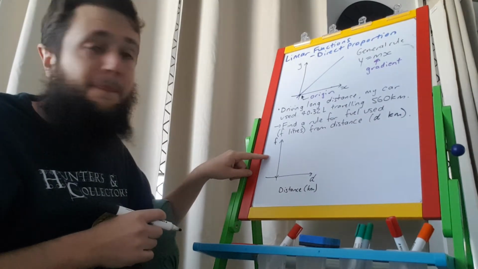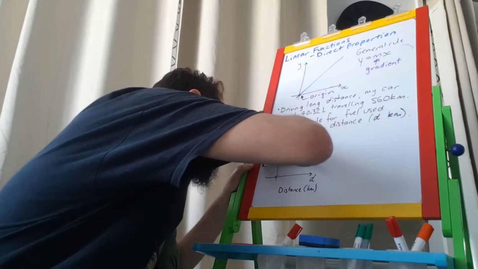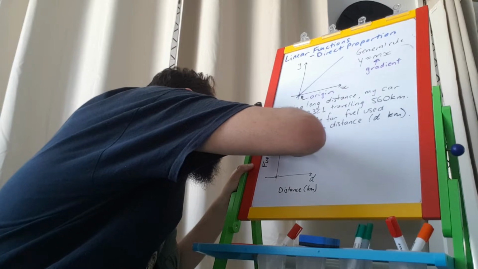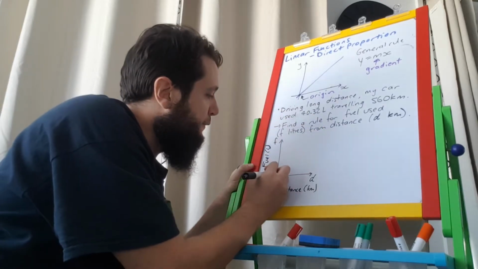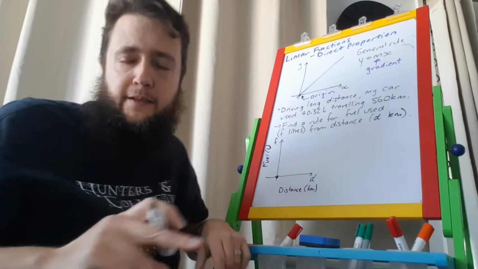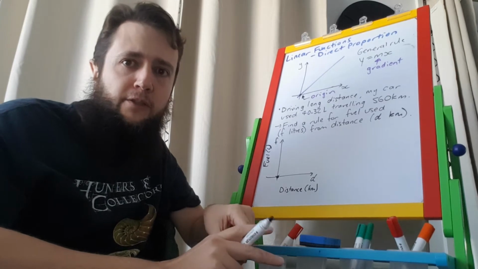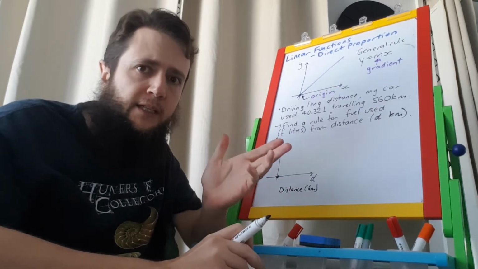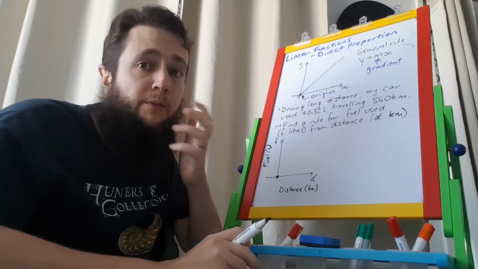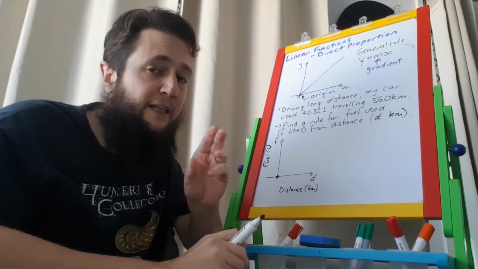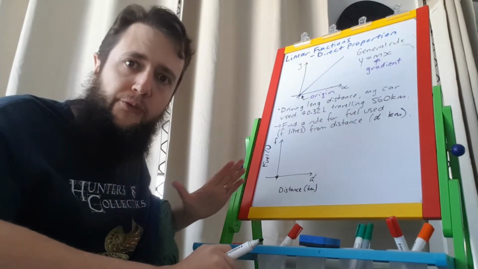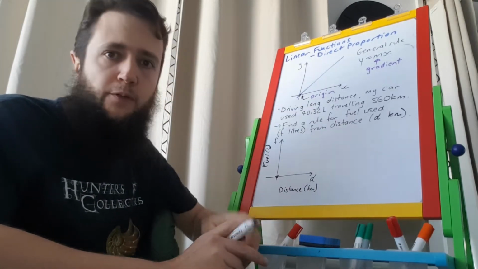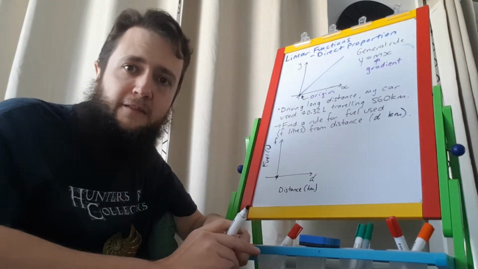And here is the amount of fuel used in litres. Now this definitely is direct proportion. It's definitely going to start at 0 because how much fuel have I used if I've travelled 0 kilometres? 0 litres, right? It's starting at the origin, and I'm assuming, and that's not a safe assumption, but we're going to assume a constant use of fuel at a certain rate.